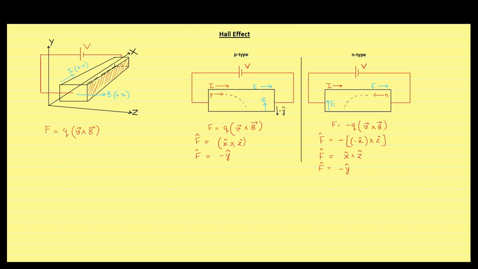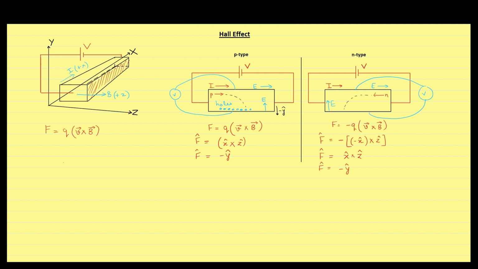Suppose that we are going to attach a voltmeter between the two surfaces in the y direction for both types of semiconductors. You see that for p-type semiconductor, holes will get accumulated on the bottom surface in the y-axis.